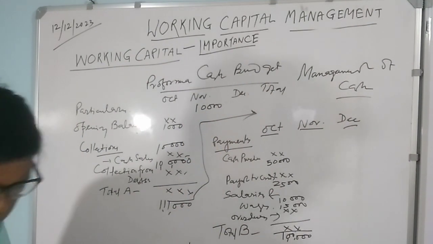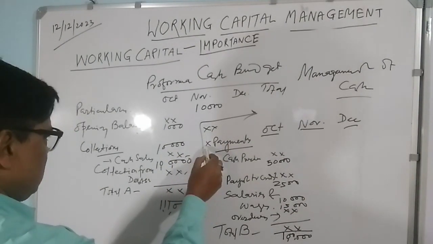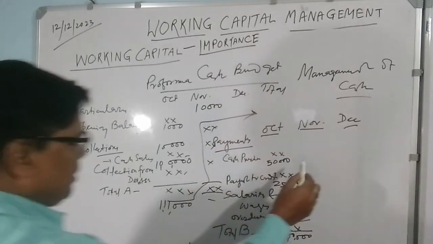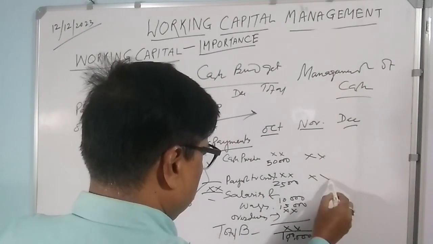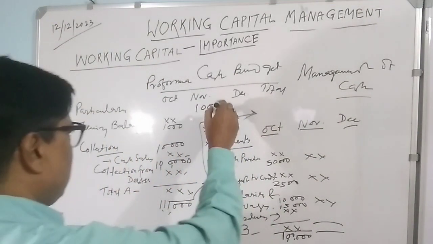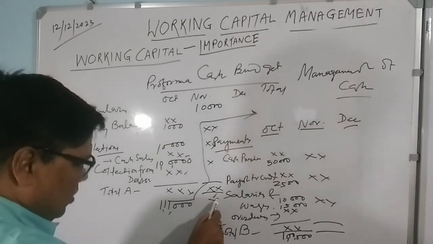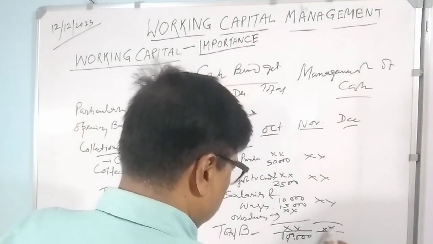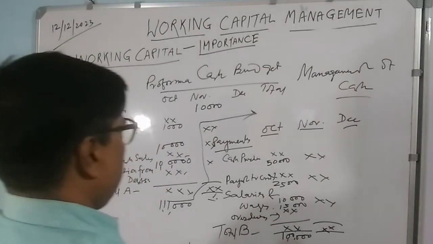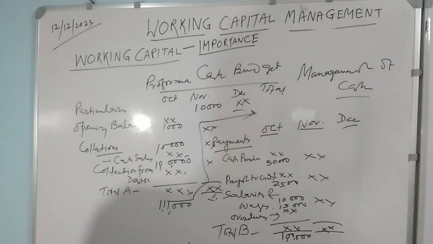Similarly, for your November month, some receipts will come, total receipts will come. Similarly, in November also you are making payments headwise, your total payments will be there. Here, November month opening balance plus all these receipts will be your sum total A, and this will be your sum total payment. So the net balance will also come here, and this balance will go again to your December month opening balance.